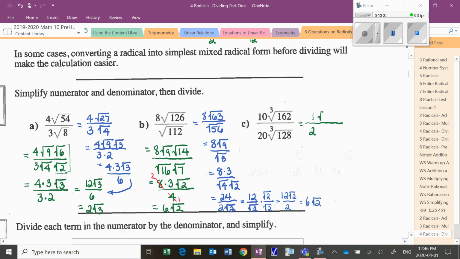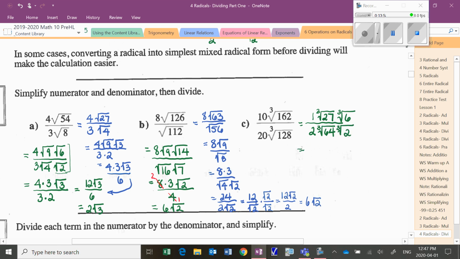So we can say then that this is the cube root of 27 times the cube root of 6, and then for 128 we're looking at the perfect cube of 64, so cube root of 64 times the cube root of 2.